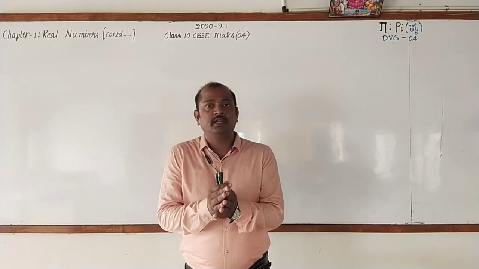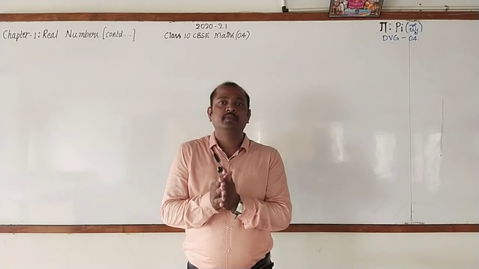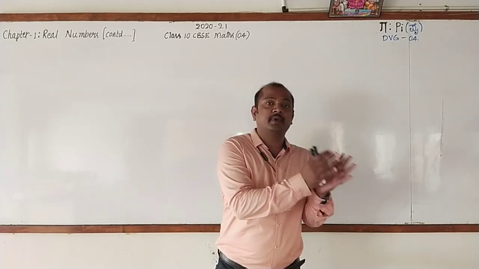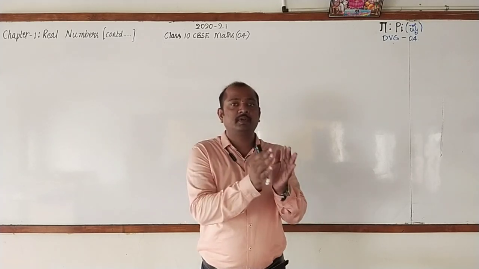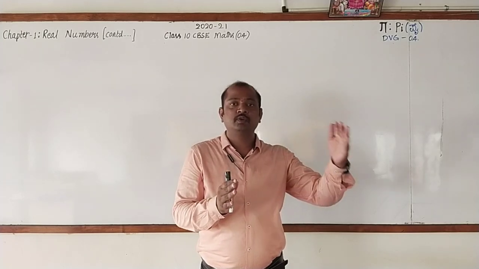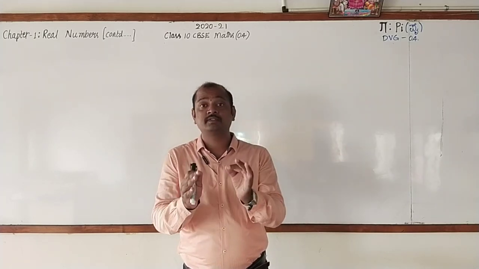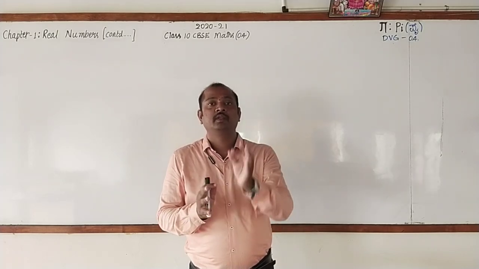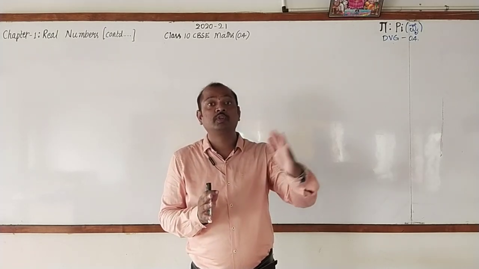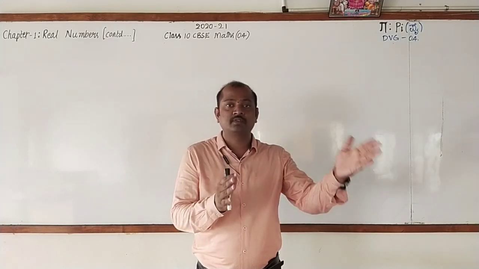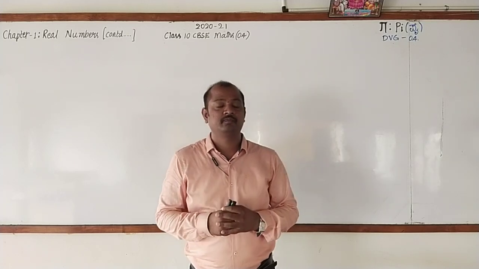In addition, one more type of problem: even numbers and odd numbers can be expressed in some particular form. Even number can be written as 2q, 4q, 6q, 8q and so on, whereas odd number as 2q plus 1, 4q plus 1, 4q plus 3, 6q plus 1, 6q plus 3, 6q plus 5.